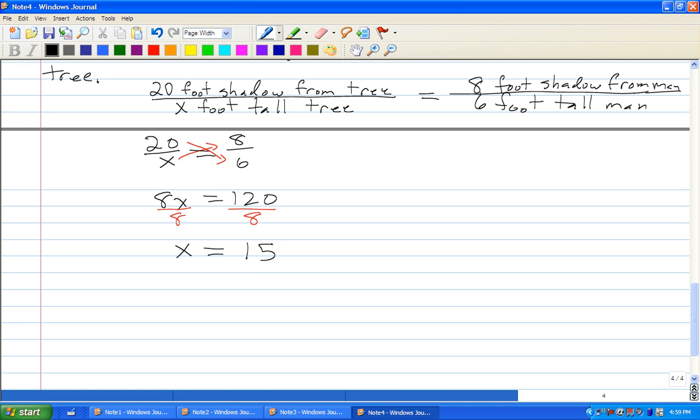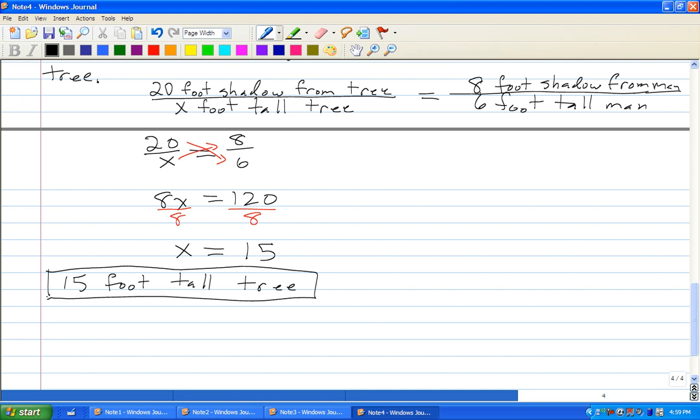And so it is a 15-foot tall tree. The height of the tree is 15 feet.